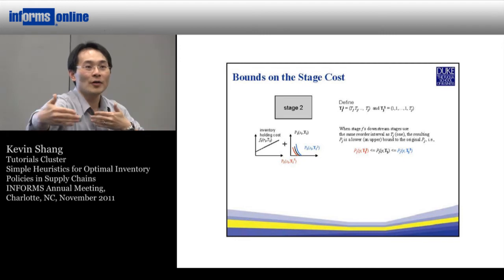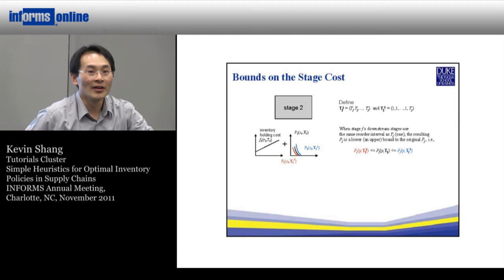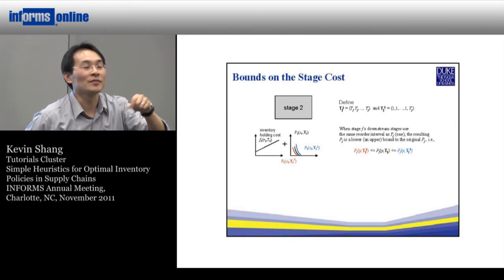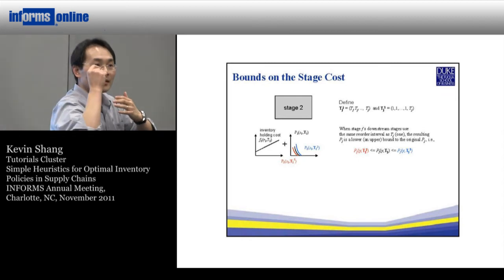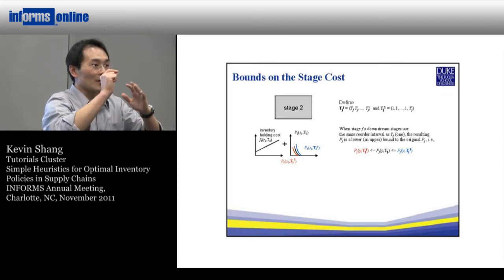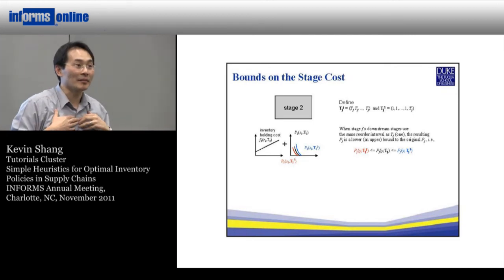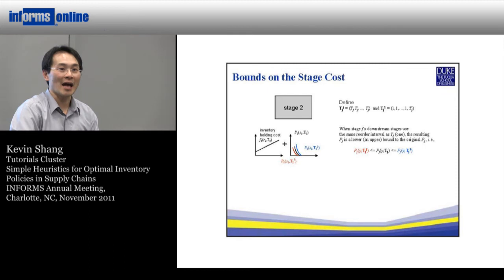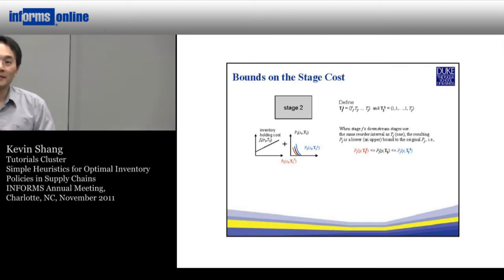Because you aggregate 4 periods of demand together, the variability is smaller. I should say the coefficient of variation is smaller. And that smaller variability is the reason why I have a smaller penalty. Because I'm upstream, if you aggregate 4 at a time, I have a better idea how to satisfy it, rather than you sending it 4 times.